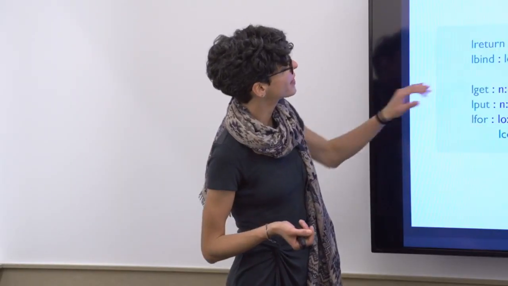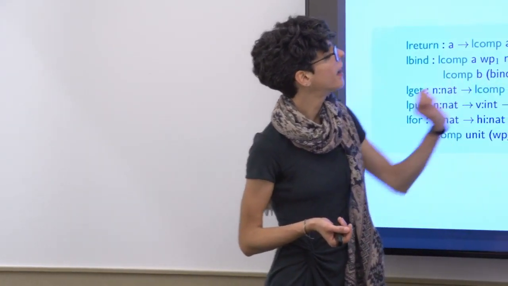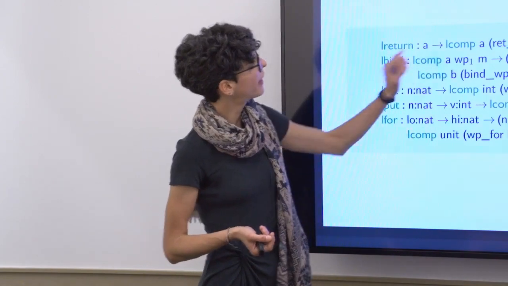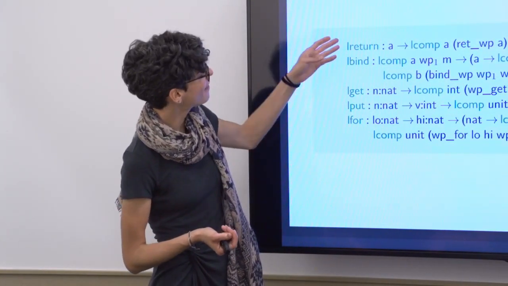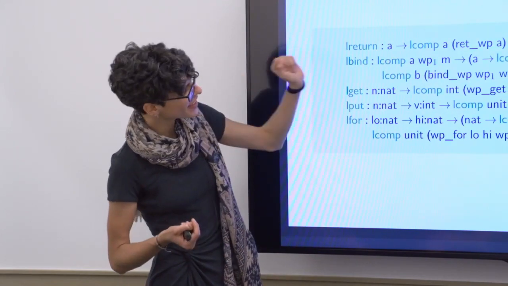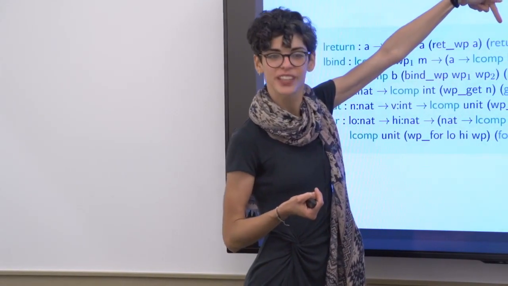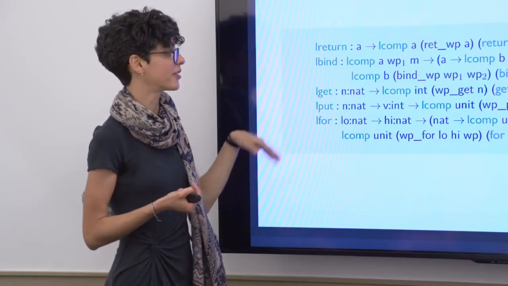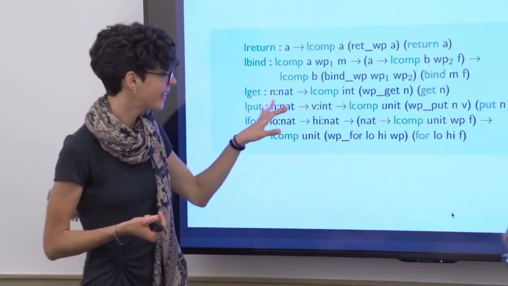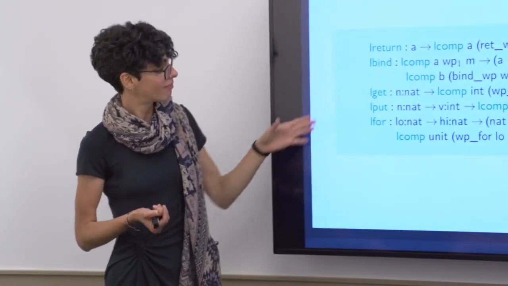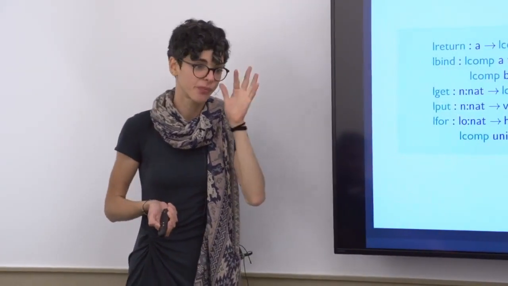The only difference is the type, which is now indexed by the weakest precondition and the high computation as well. So every low-level combinator is indexed by the corresponding high-level combinator. So return refines return, bind refines bind, get refines get, and so on and so forth.